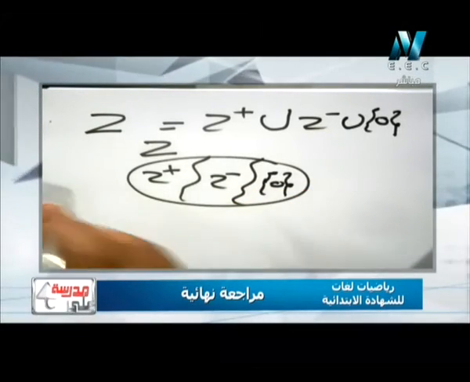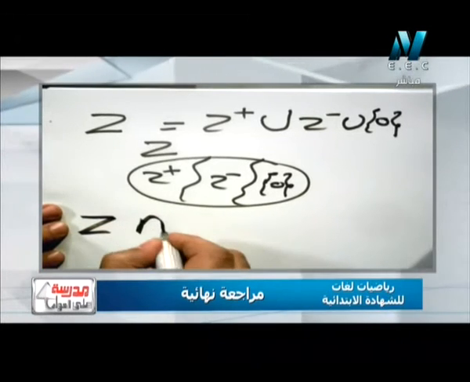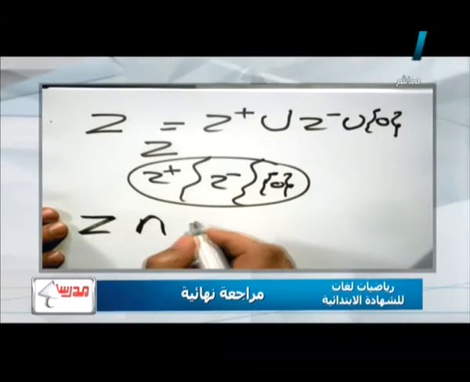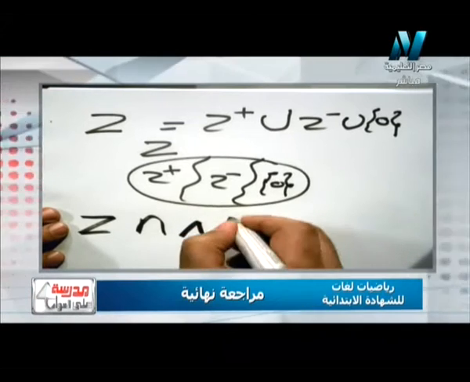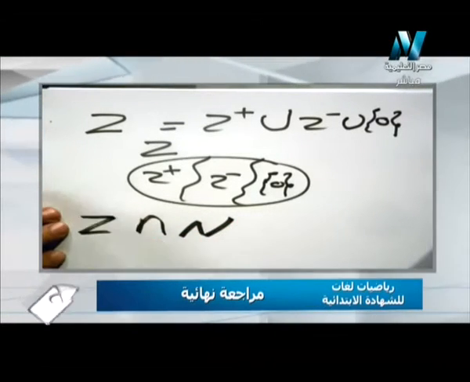The first question means Z intersect N. What is the relation between them?